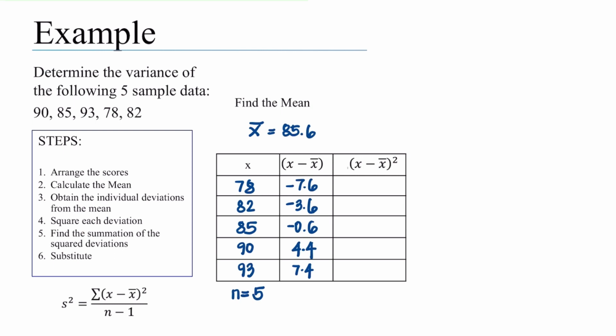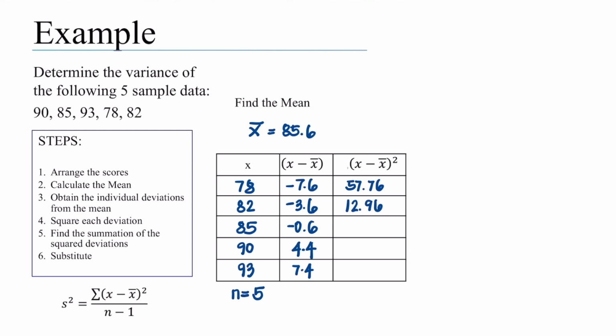Next, we will get the square of these. Negative 7.6 squared is 57.76. Negative 3.6 squared is 12.96.